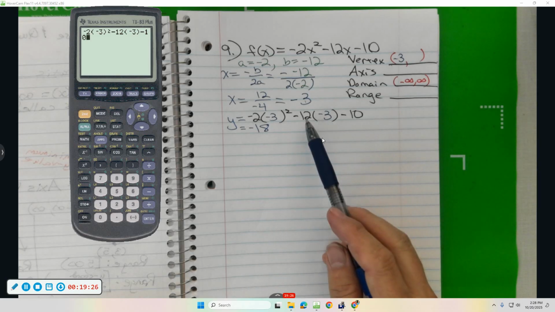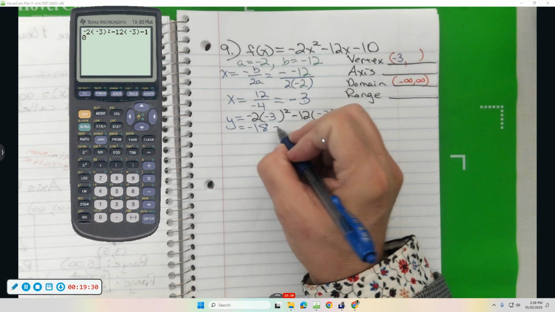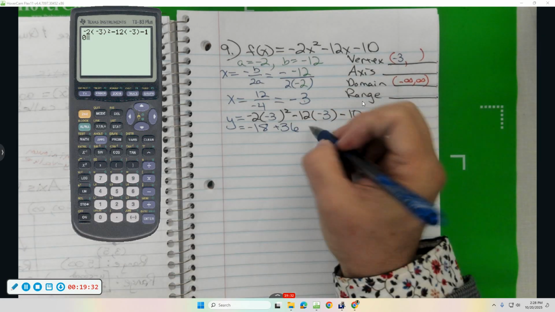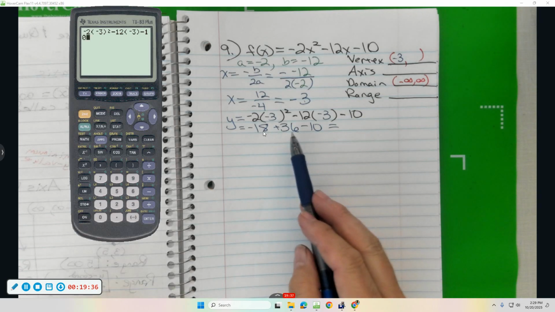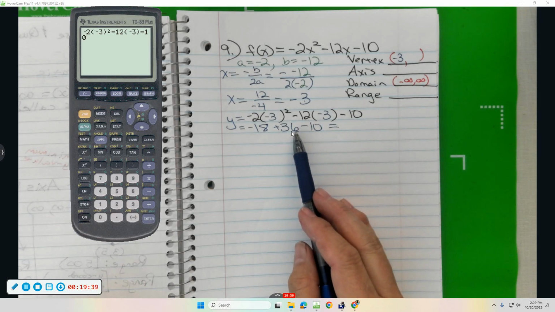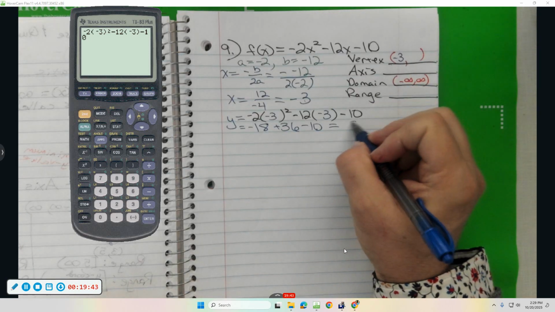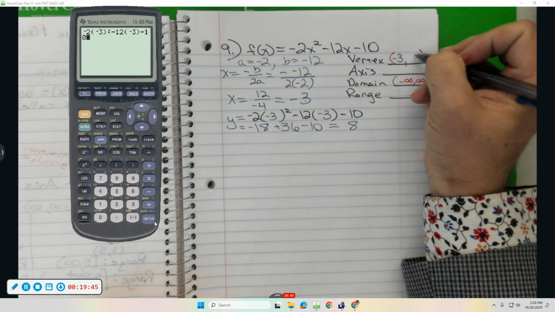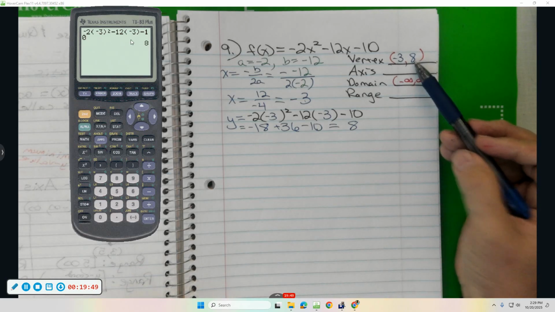Positive 36, and we have a minus 10. Negative 18 plus 36 is a positive 18. Minus 10 gives me a y value of 8. So there's my vertex. My vertex is at the ordered pair negative 3, 8.